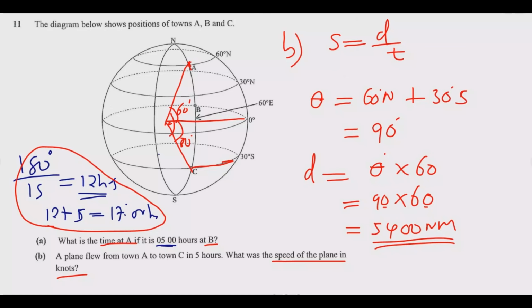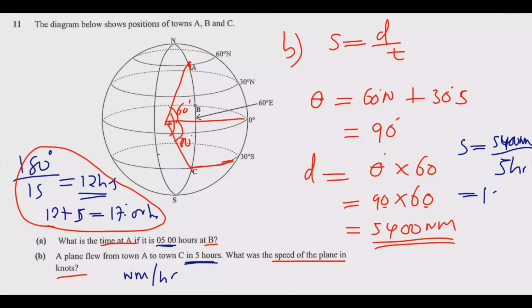So how can we find now the speed? I can utilize the space which is here. The speed is equal to the distance, which we know now is 5,400 nautical miles, divided by the time. What's the time it took? It took 5 hours. So we divide by 5 hours. The knot is nautical mile per hour. So we have 5 into 54. 5 into 5 is 1, remainder 0. 5 into 4 is 0, remainder 4.